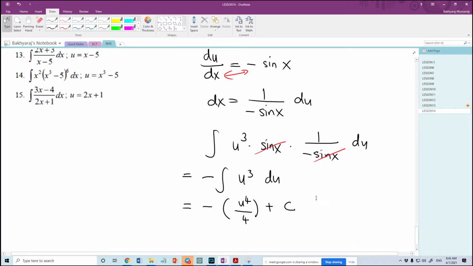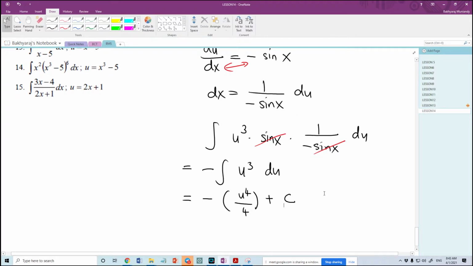Okay, so the last step is I just transform. So I want in terms of x, right? So I get negative 1 over 4 bracket, and my u just now is what? My u is actually cos x, right?